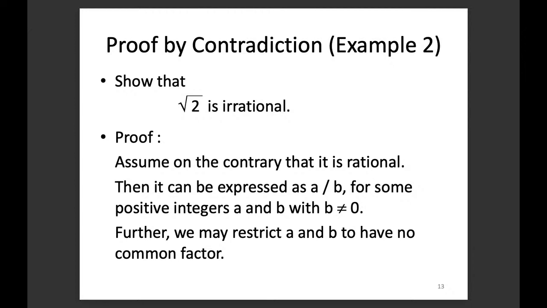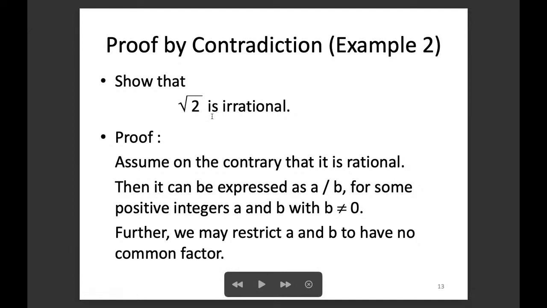So we can have rational numbers, but are there numbers that cannot be expressed as ratios between two integers? The answer here is yes. We can have a concrete example. We are claiming that the square root of 2 can never be expressed as a ratio between two integers. How do we show this?